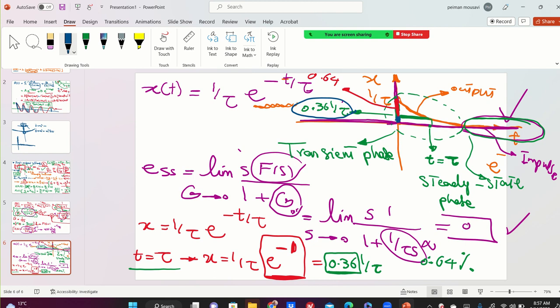So your output has already dropped 64% toward settling down. This is the time constant for the first order system, only for the first order system, not for higher order systems. I'm going to teach you second order and third order, but this is only for the first order system.